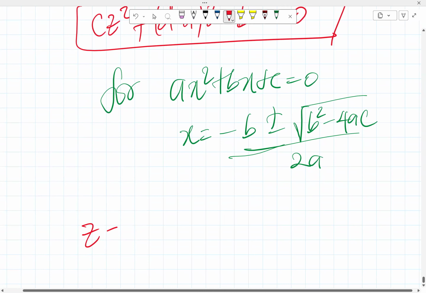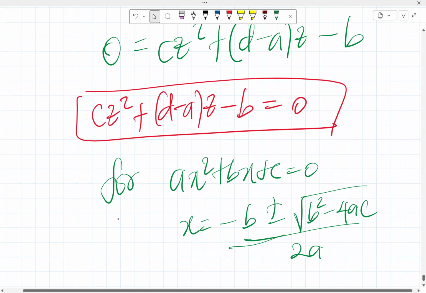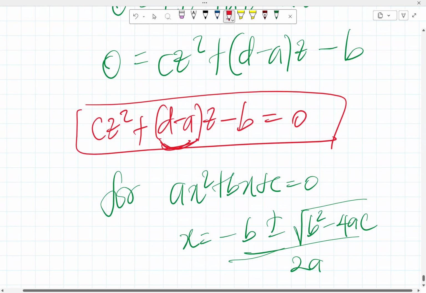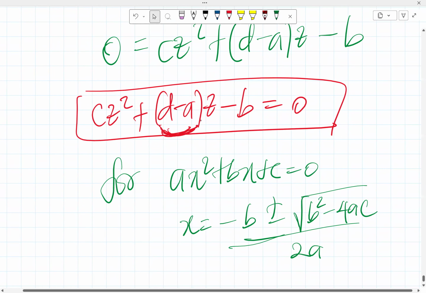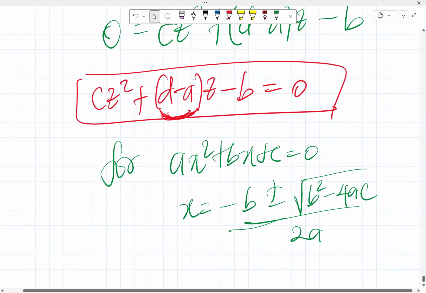So z is equal to minus b. Our b here would be this. I don't want to write b because we also have b still. Maybe I should use pqr.